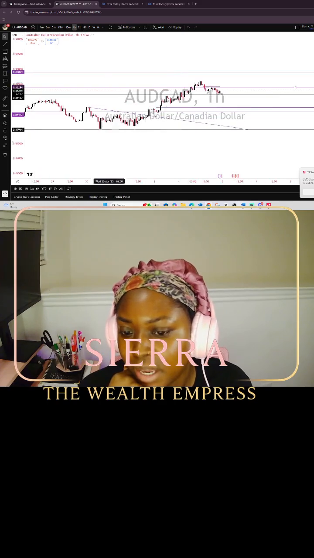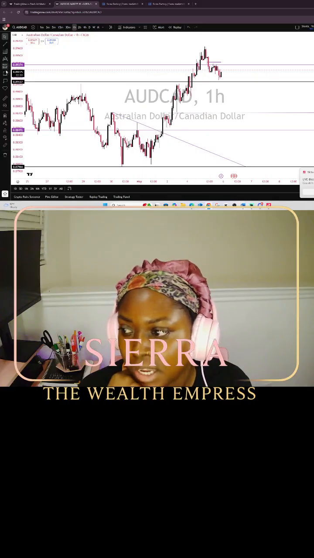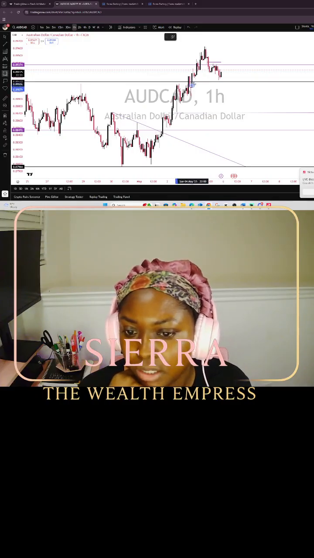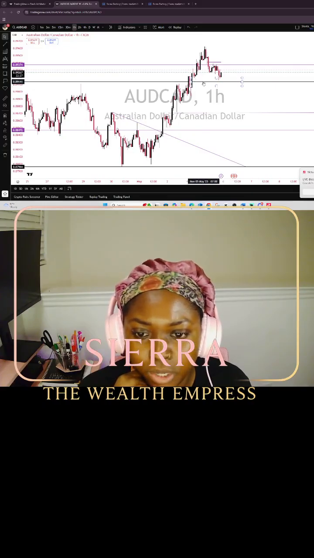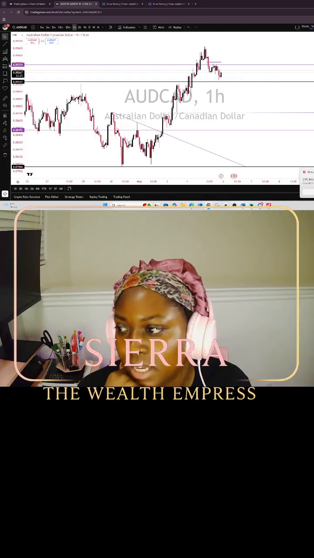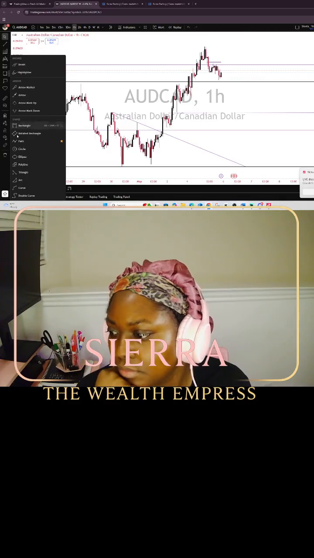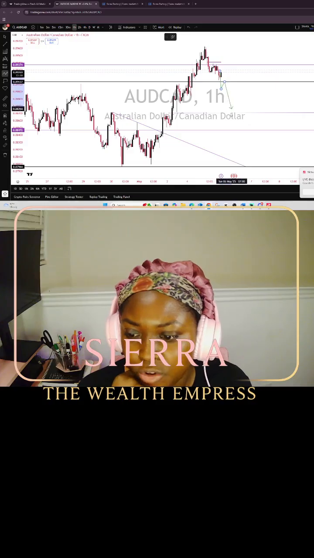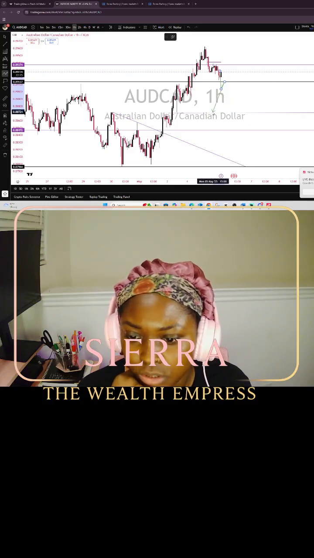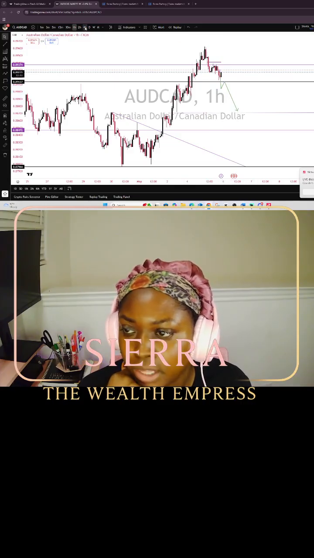So I'm being cautious. If you want to play it safe, wait for price to get underneath the weekly. And that 50% is spot on the weekly. Wait for price to get underneath it and retest it. And then you can take it down to here, this hourly gap.